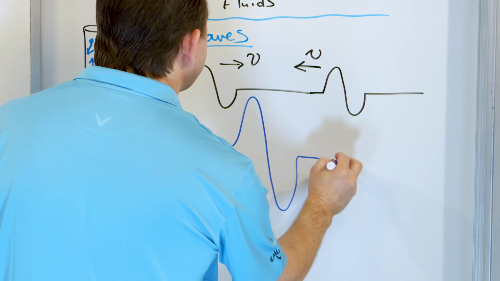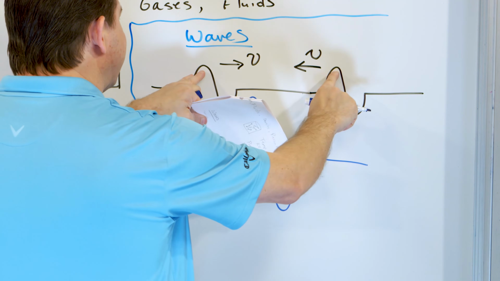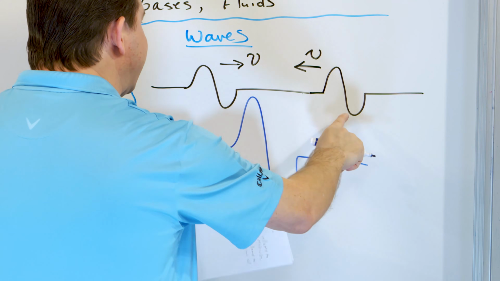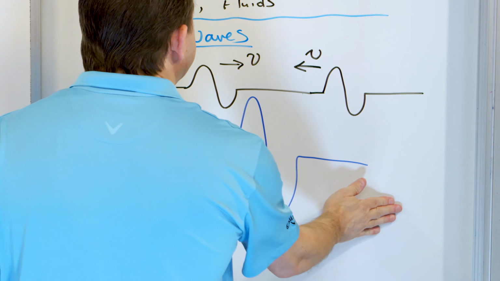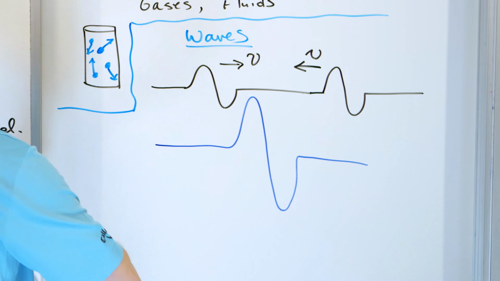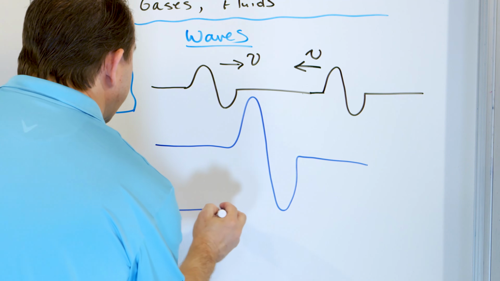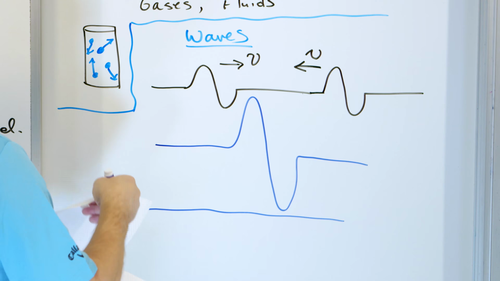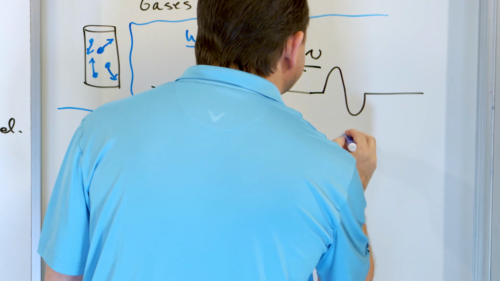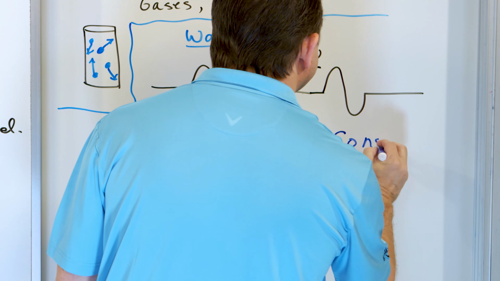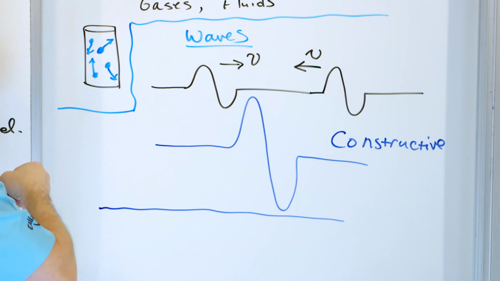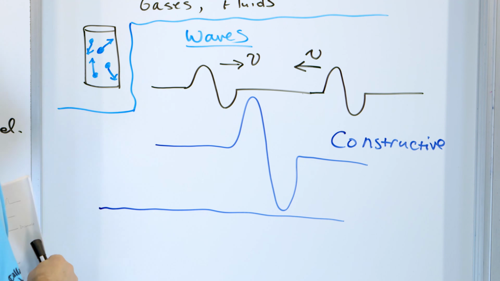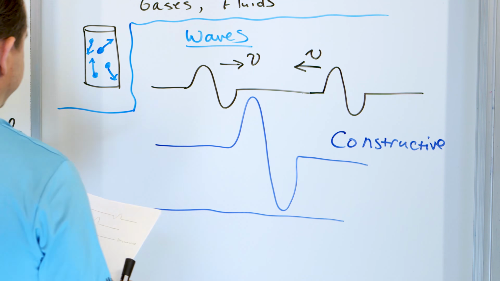The crest and the trough add up together, because the tippy tops line up and add together, and the troughs line up and add together like this. But you can also have a situation where they subtract from each other. When they add up together, this is called constructive interference. But then we can have destructive interference as well.